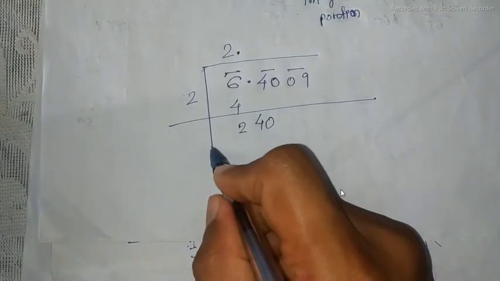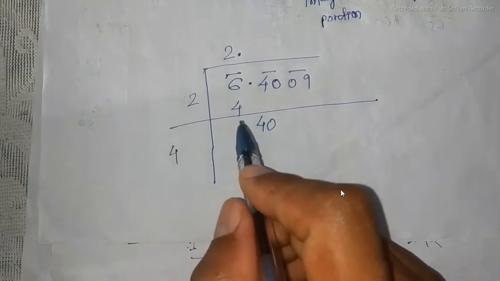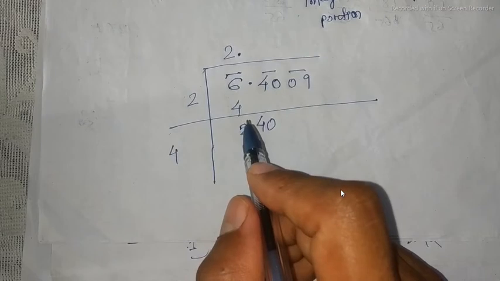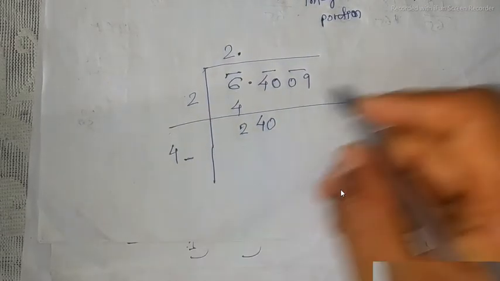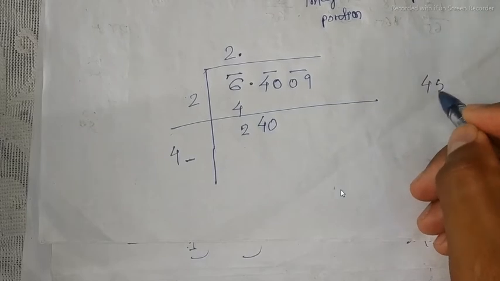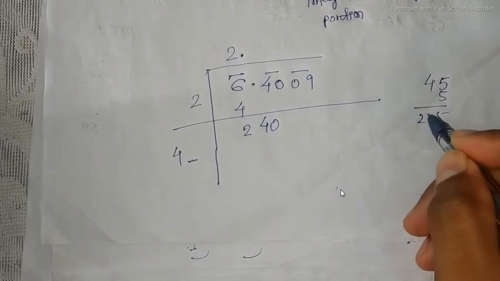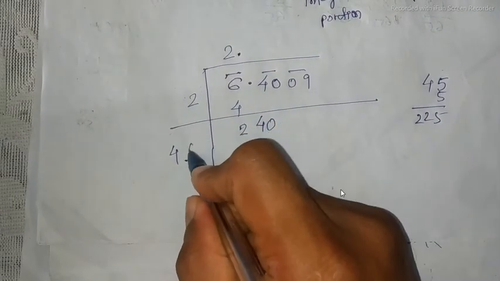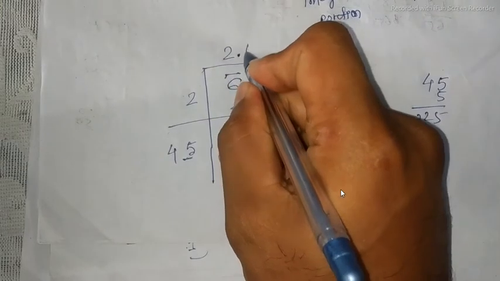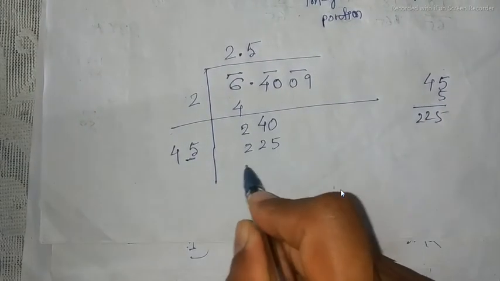So double of 2 is 4, and 240. So we have to find this digit. So 45, it goes by 45. 45 into 45, 225. 45 5s are 225.